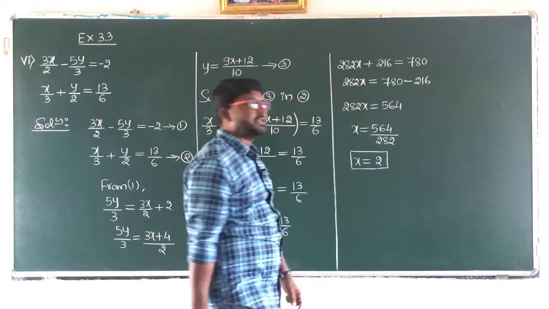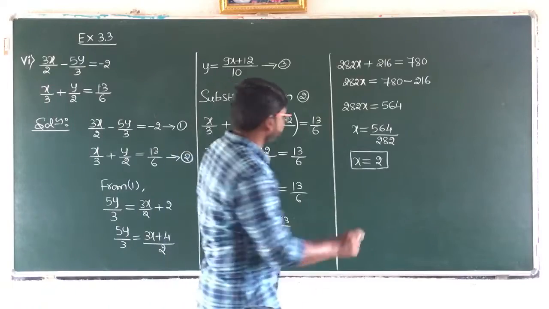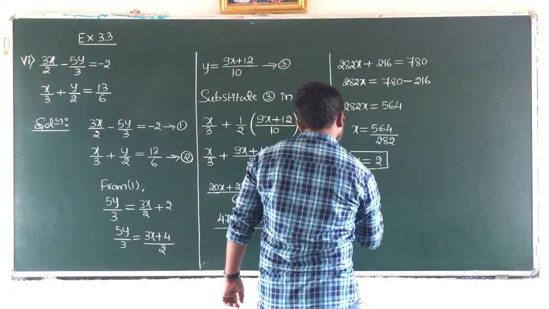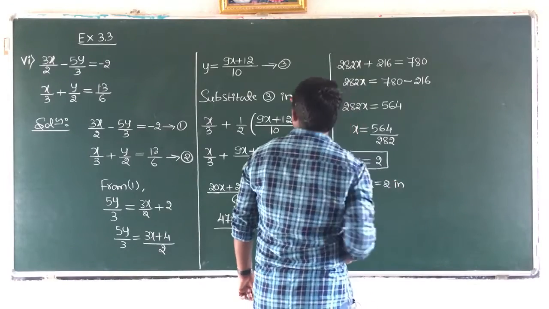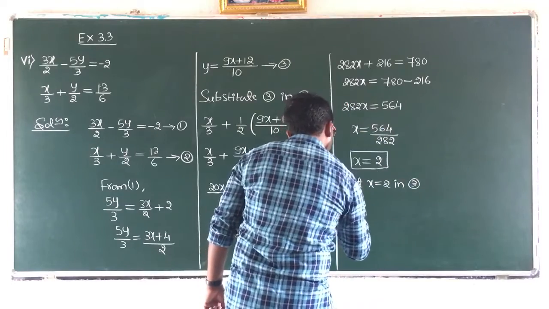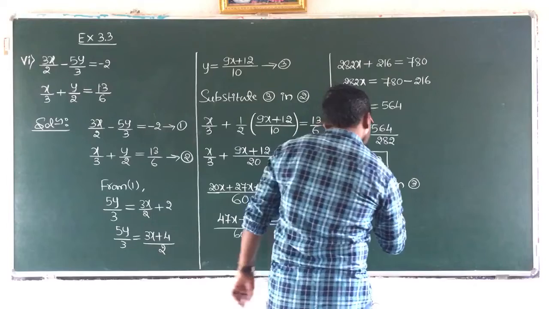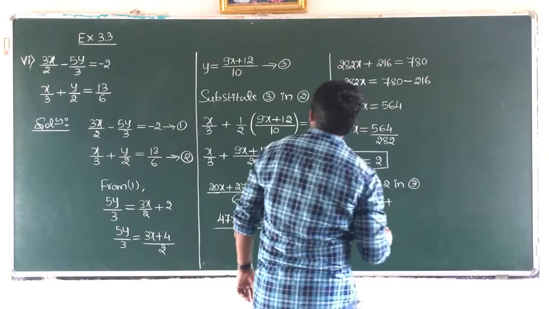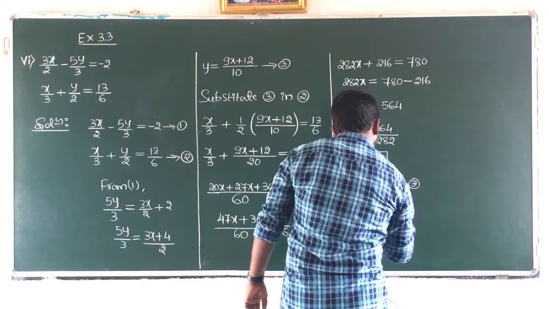Then substitute x equal to 2 in equation number 3, we get the value of y. So put x is equal to 2 in equation 3. So y is equal to 9, in place of x I have to write 2, plus 12 divided by 10.